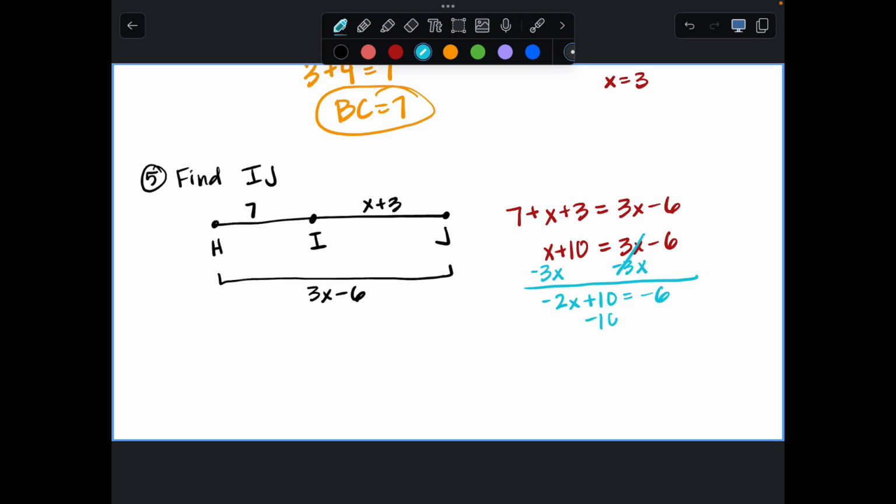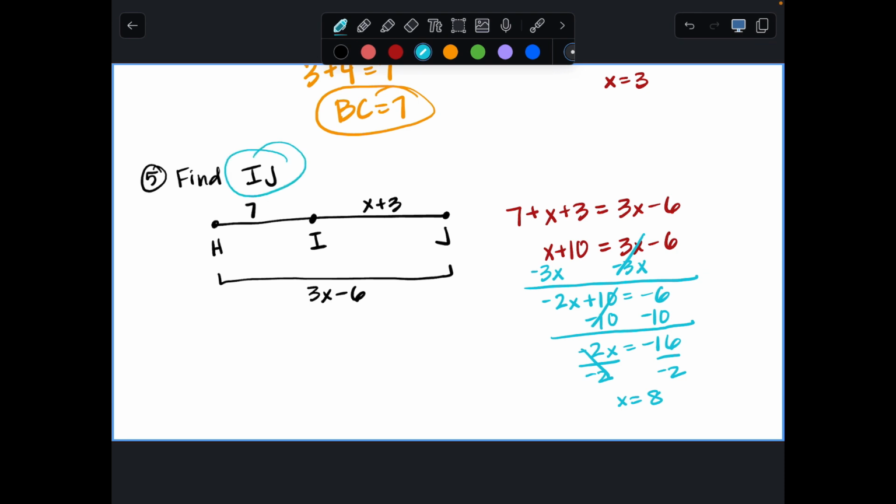Okay, and then we just subtract 10. Divide by negative 2. So now I know that x equals 8. Now let's go back to the original problem.